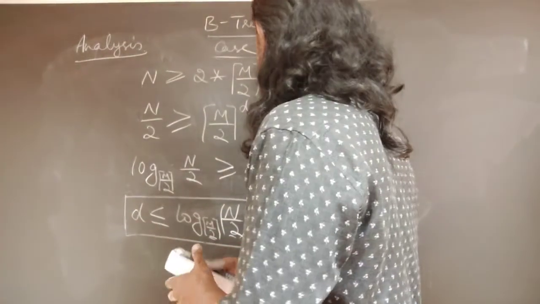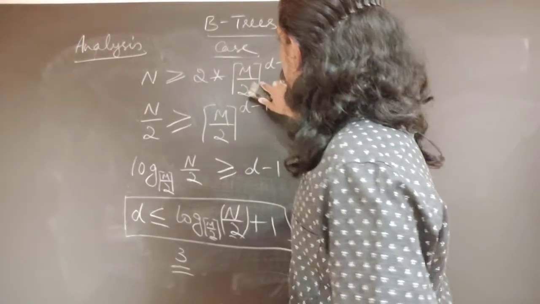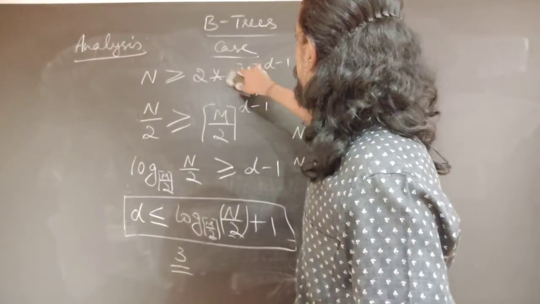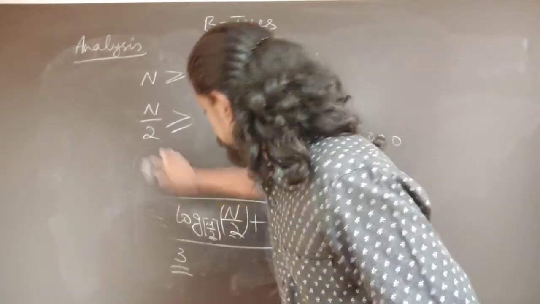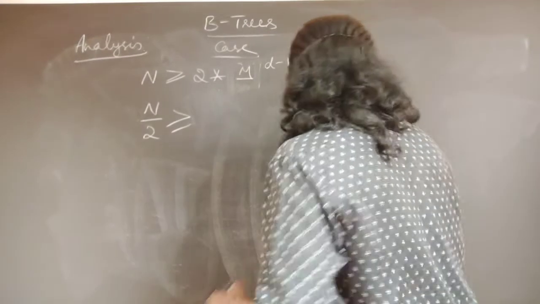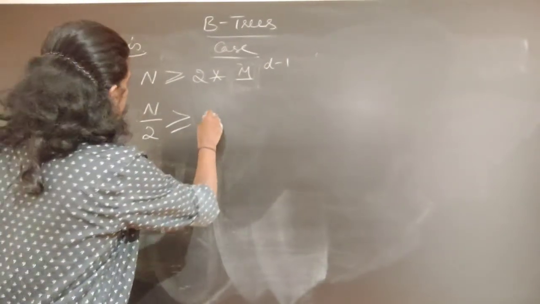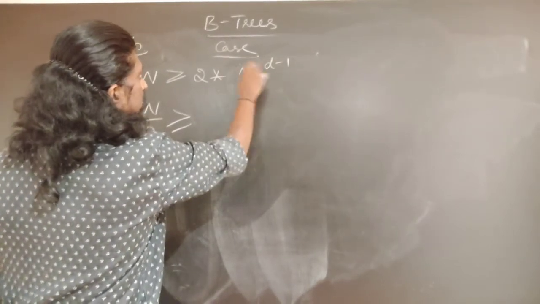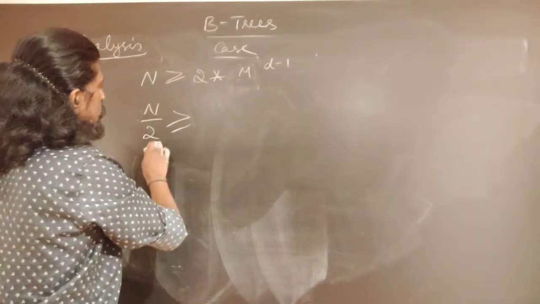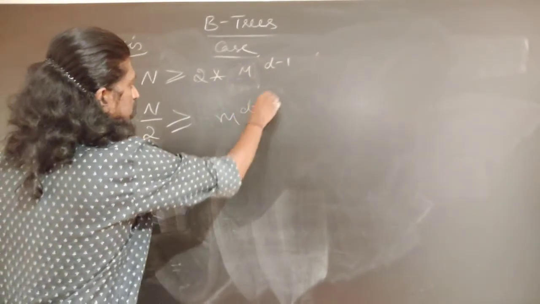Each node will have m keys instead of m by 2 keys. So everything will be the same, only that we will get it as n by 2 is greater than or equal to m to the power of d minus 1.